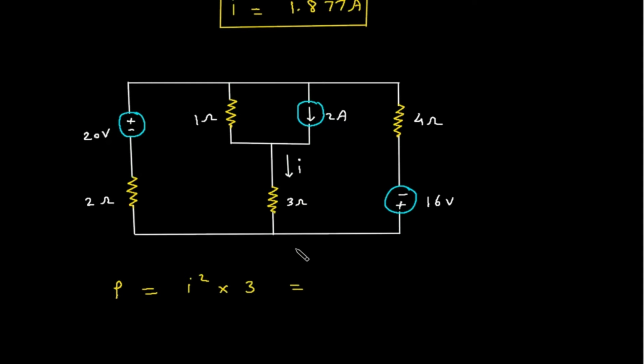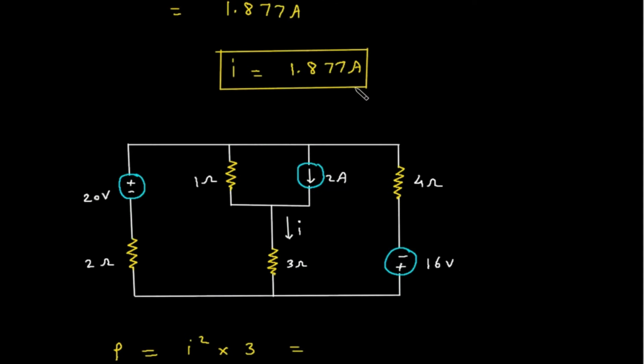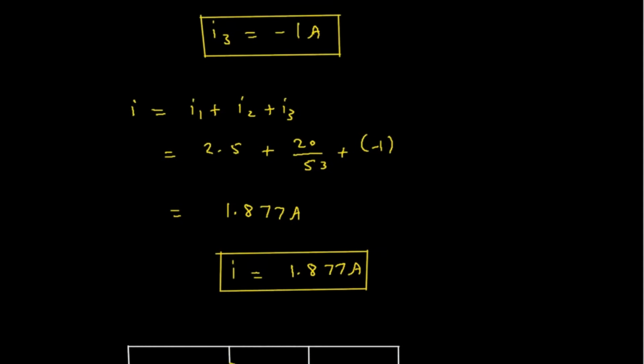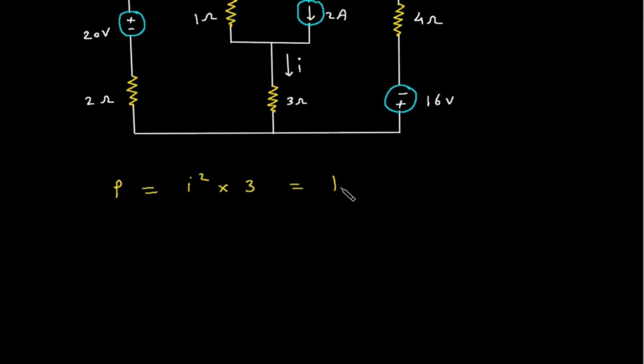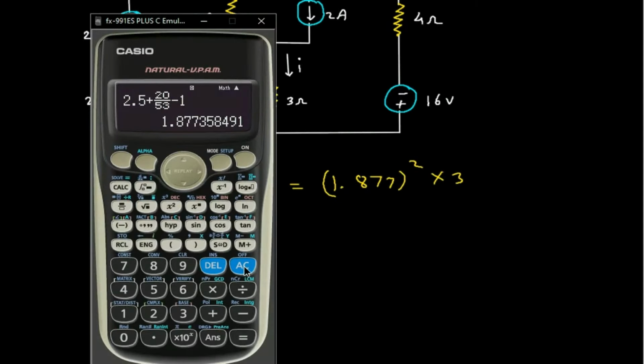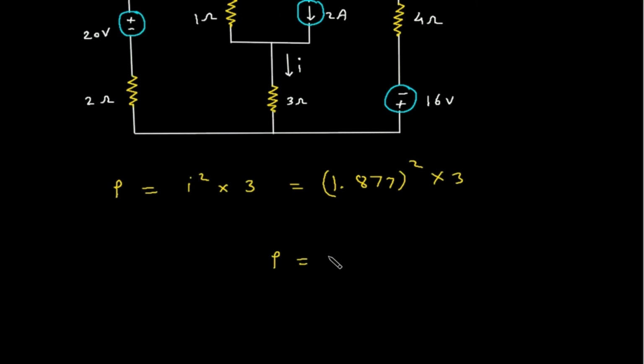So this will be 1.877 square into 3, which is 10.56. The unit of power is watt.